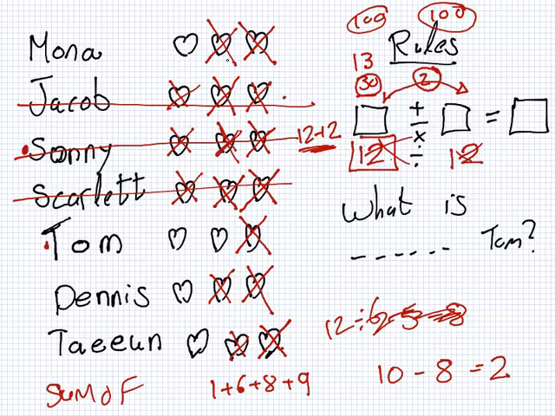Go on, Dennis. What is the difference between 85 and 100? 15. Yes. He said, what's the difference between 85 and 100? You're dead too. We're just down to these 3 people.